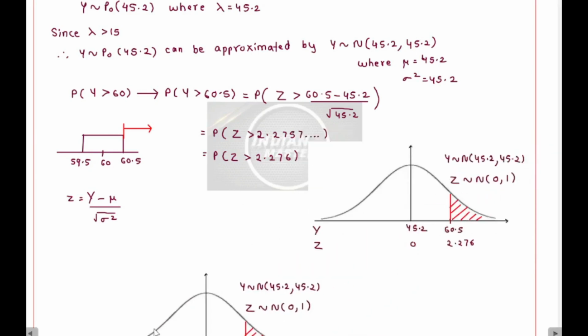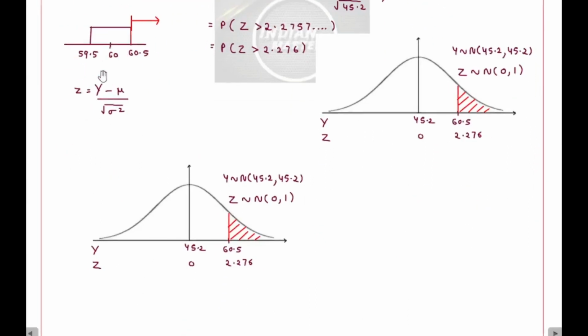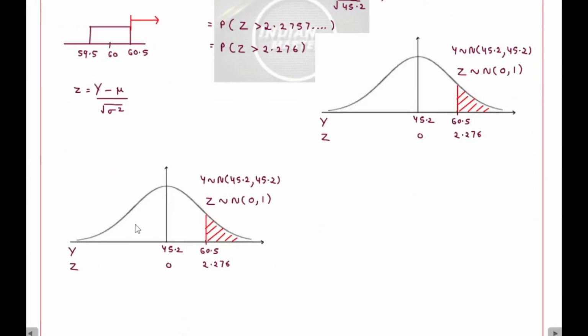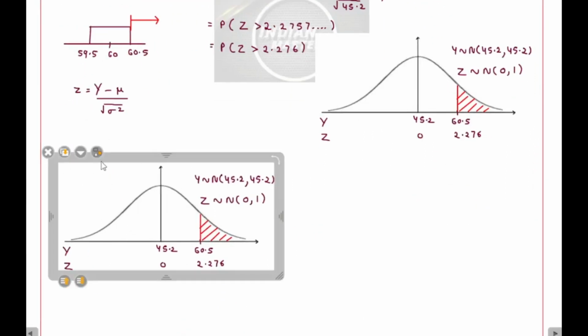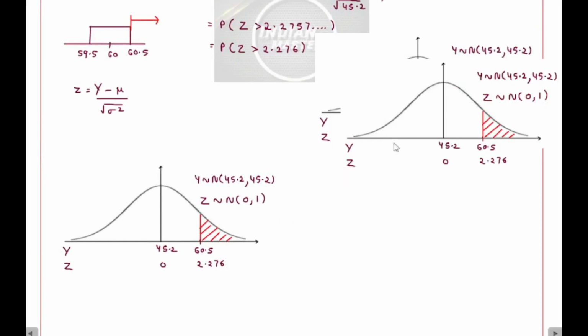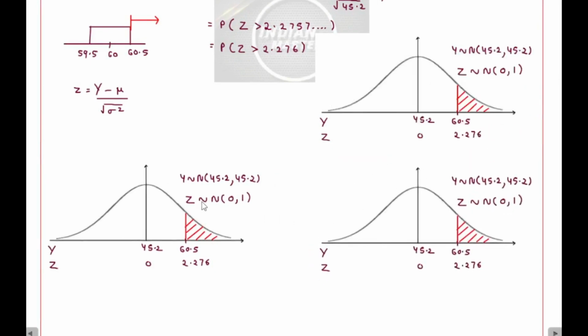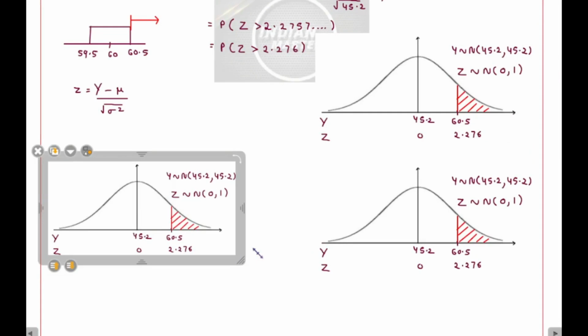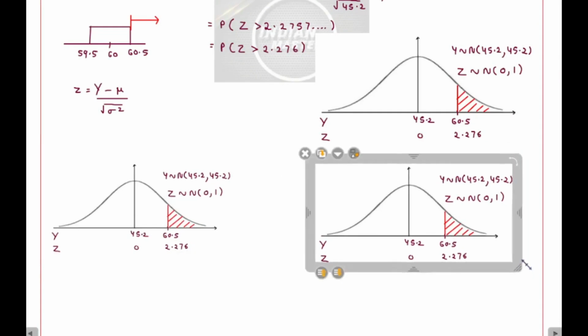But we also know, let me bring this down a little bit, we also know that this same value can be represented like this. Let me minimize this one.